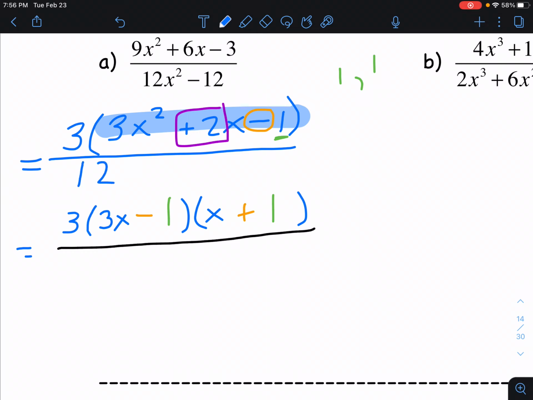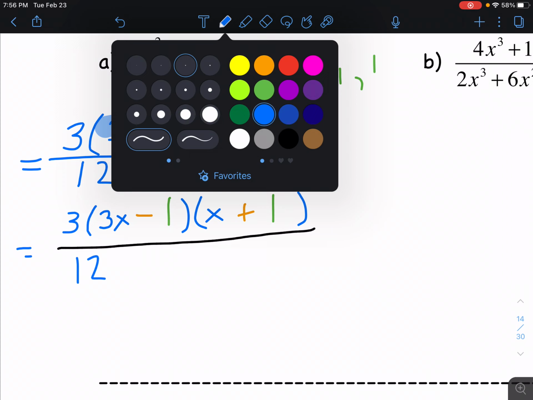So we got a 12, and then we divide by 12. So 12x squared divided by 12 is 1x squared, and then minus 12 divided by 12 is 1. Okay, so let's bring down the 12.